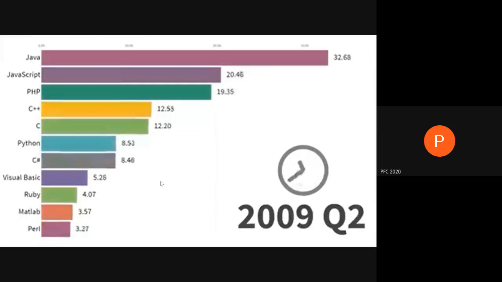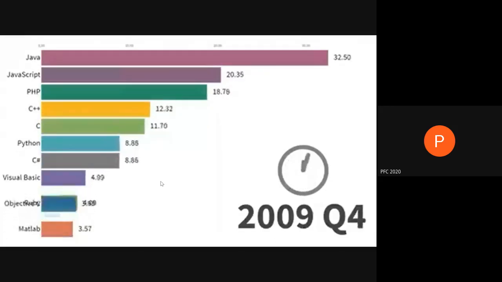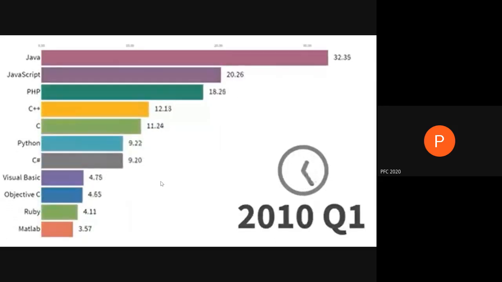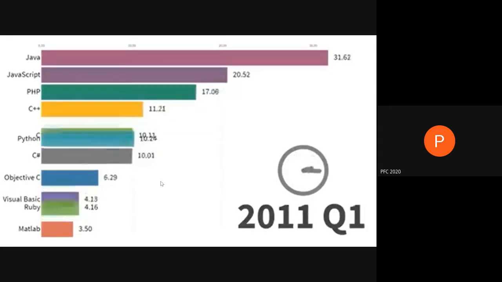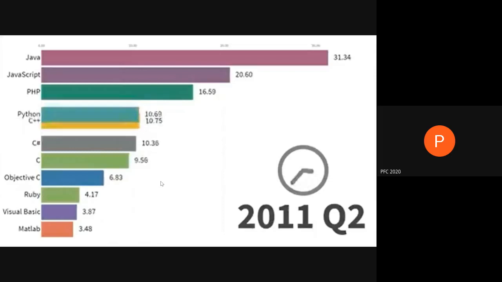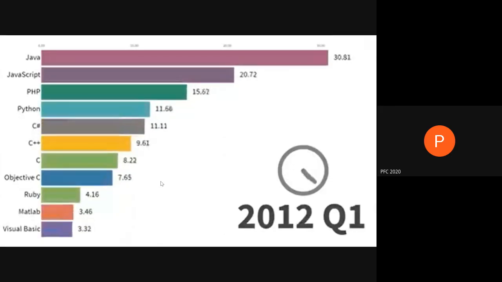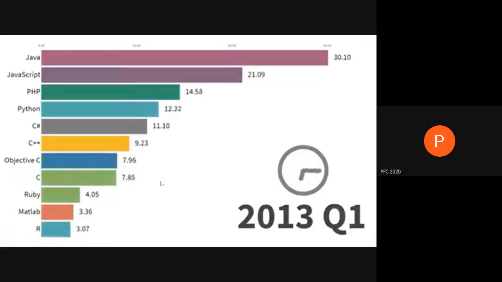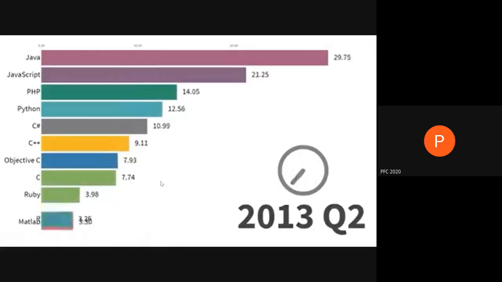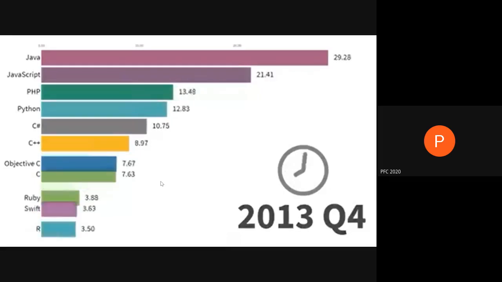So Python overtakes C# at that point, in 2009. And then in 2010, it crosses both C and C++. PHP, of course, is an exclusively web programming language. So all the web browsers, etc., use that. That's why it's so far high up.